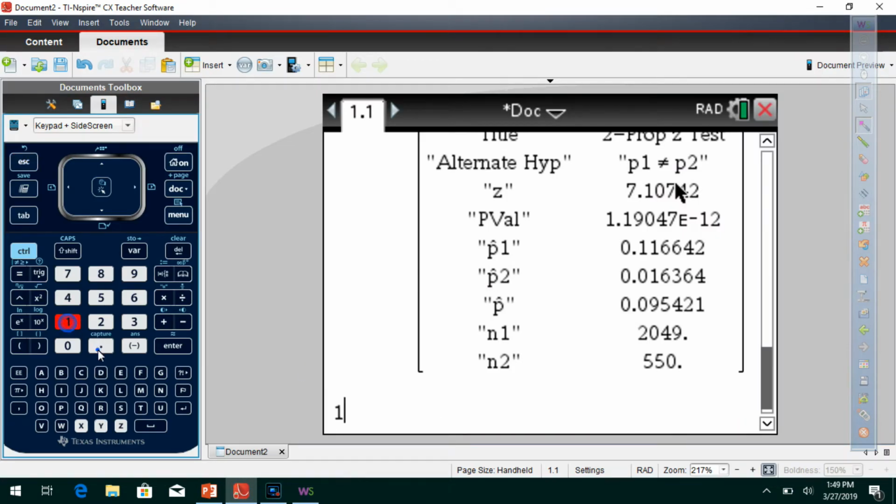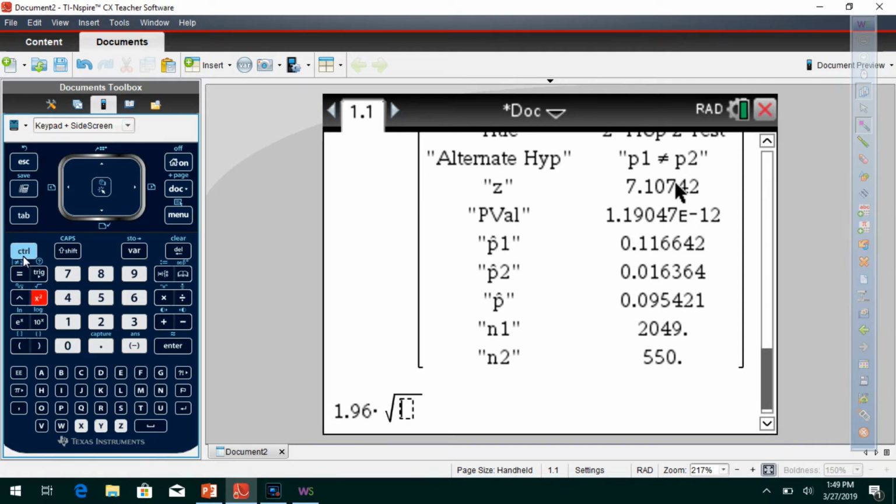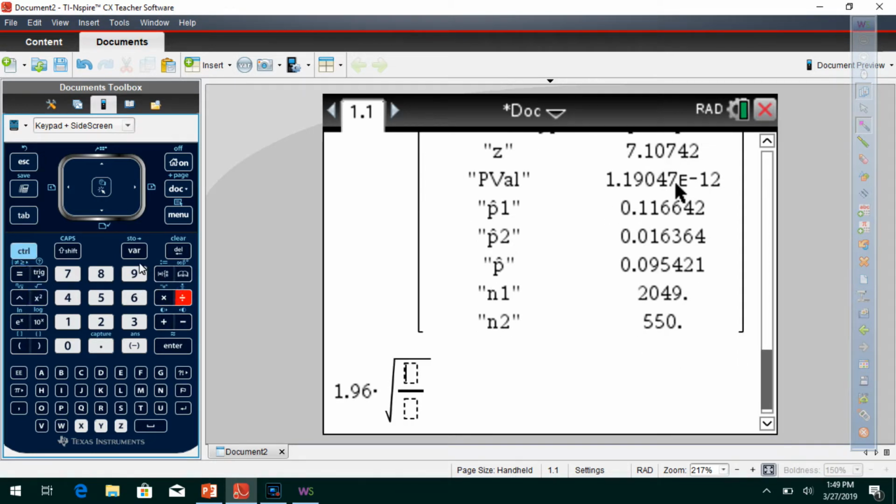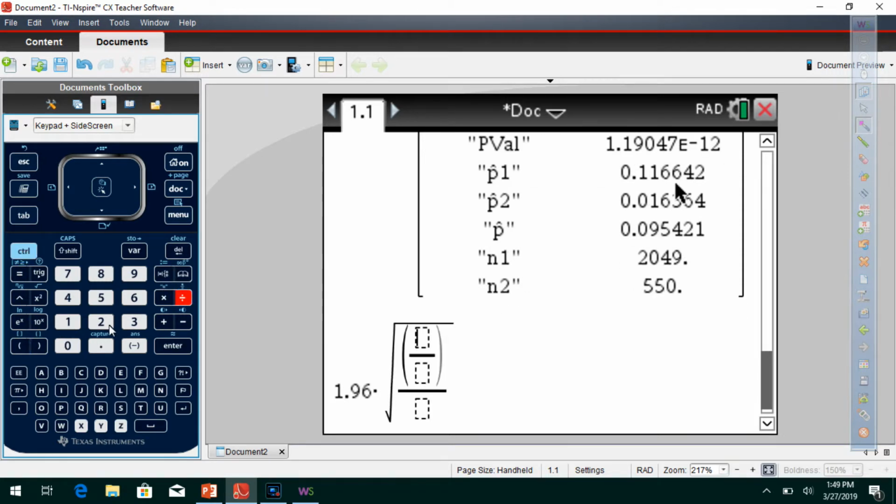We're going to have 1.96 times the square root, control divide, open parentheses, control divide, 239 over 2049. Instead of having to keep up with all those decimals, to me, it's just easier to do it this way.